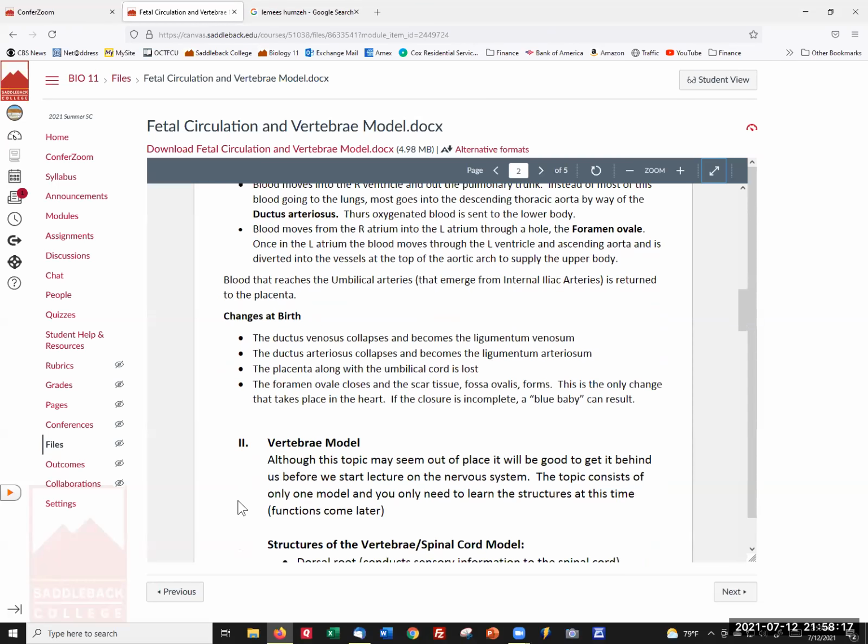Okay, now we're going to look at a vertebra model. Has nothing to do with the circulatory system, has nothing to do with the urinary system. It has nothing to do with anything that we've studied so far with the practicum on Thursday. So why is it here? The honest answer is one semester years ago, 10 or more, somehow or other, somebody decided that we'd shuffle who makes up which test.